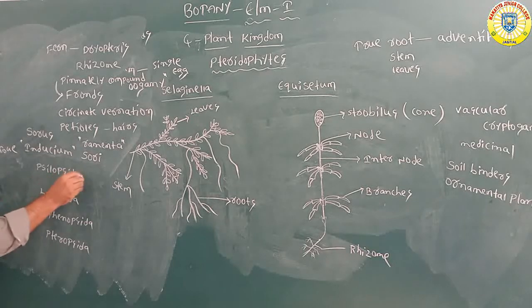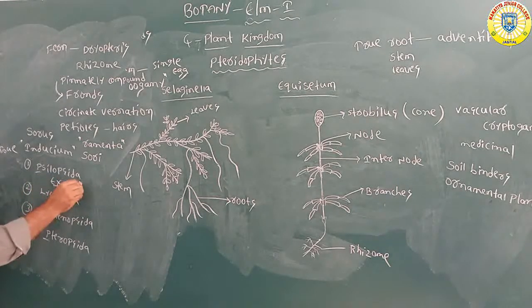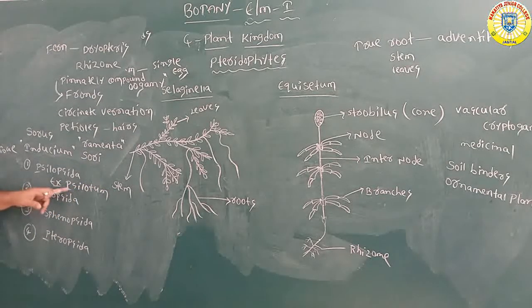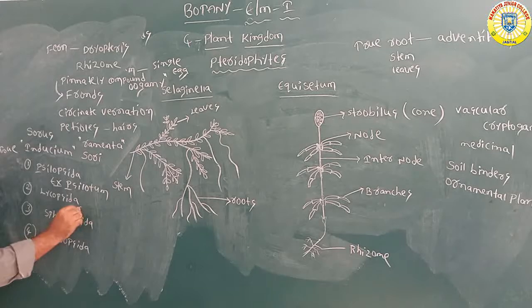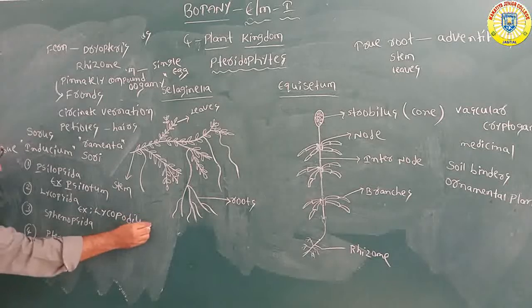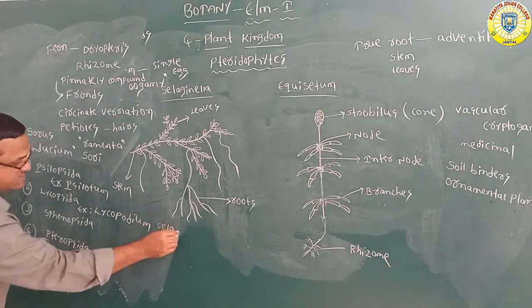First, Psilopsida, example Psilotum; here also the P is silent. Second, Lycopsida, examples Lycopodium and Selaginella.